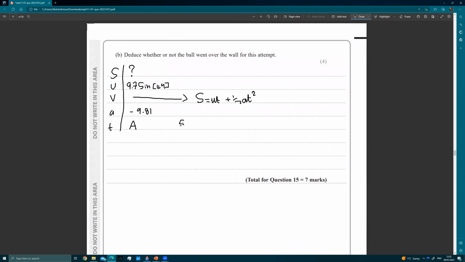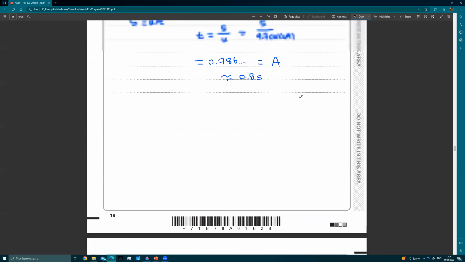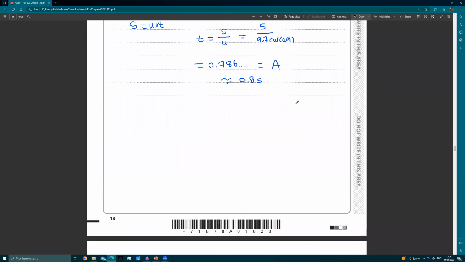So let's do that. S is equal to 9.7 sine 49 multiplied by the time, which I stored in my calculator as A, plus a half times the acceleration, which is minus 9.81, multiplied by the time squared, A squared. And remember, A is just, in case you didn't know how to store it, 0.786.